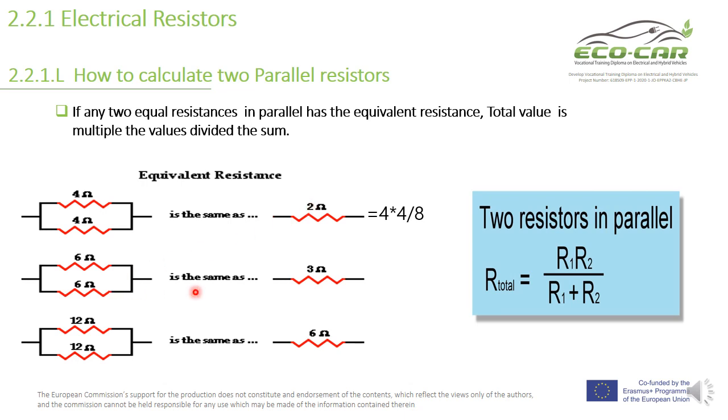What about this one? 6 multiplied by 6 divided by the sum, 12, is equal to 3. And 12 by 12 divided by the sum, 24, is equal to 6. So this is the equivalent resistance of two equal resistances in a parallel circuit.